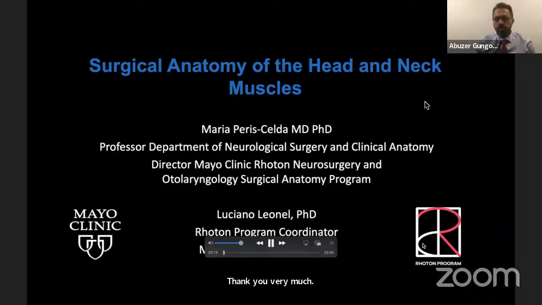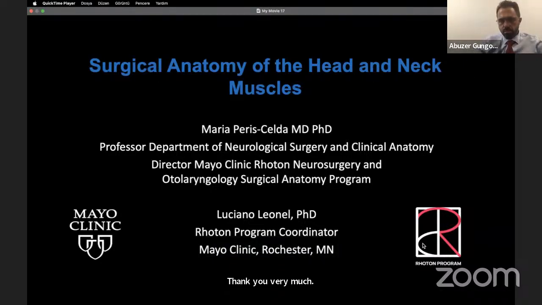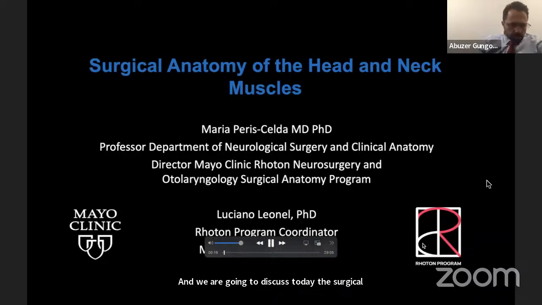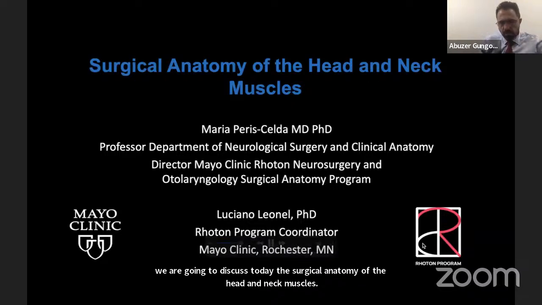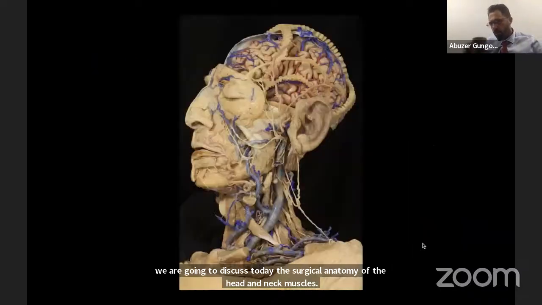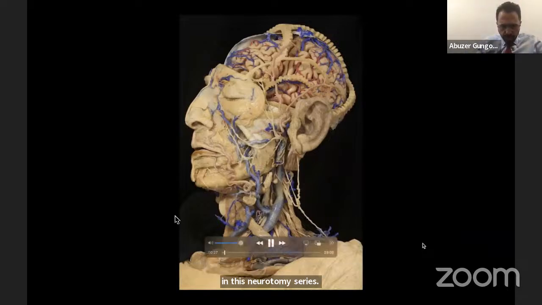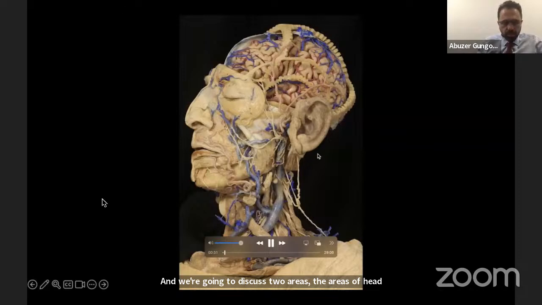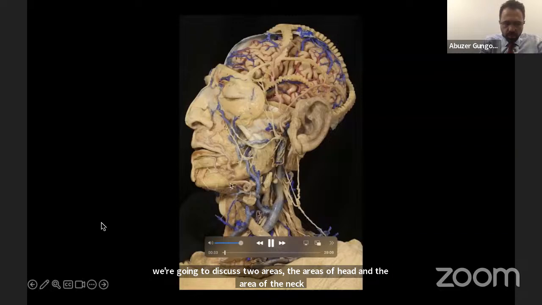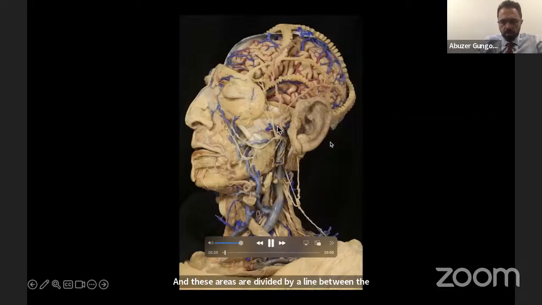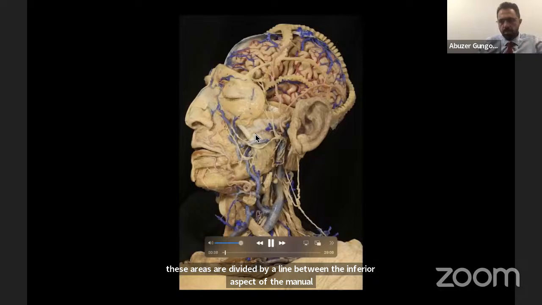We are going to discuss today the surgical anatomy of the head and neck muscles in this neuroanatomy series. We're going to discuss two areas, the area of the head and the area of the neck. These areas are divided by a line between the inferior aspect of the mandible and the occipital protuberance.